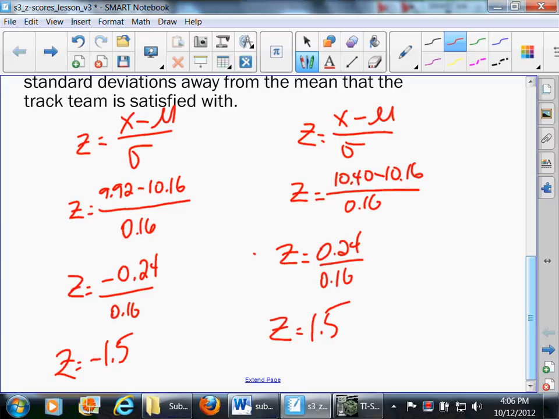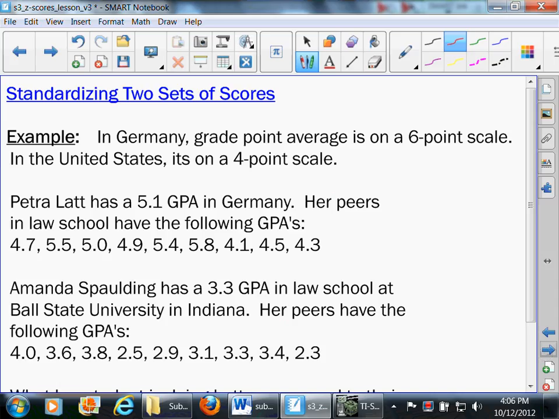So the z-scores are found by taking your data value minus the mean and dividing by the standard deviation. So let's standardize two sets of scores. What I was saying is that the z-score is a very good way of comparing things. Consider this example. Say we're comparing Natasha's math mark with her friend Vivian, who goes to a different school in a different city.